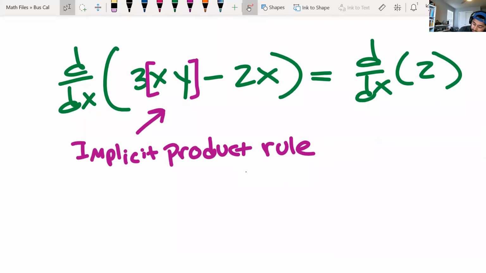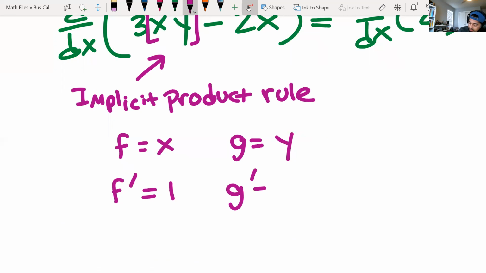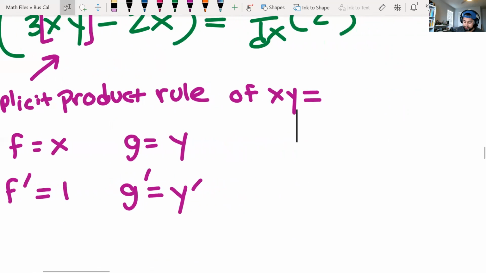Where when you set this up, f will be x, g will be y, and then derivative of x is 1. Implicit derivative of y is y prime. So your implicit product rule of xy is going to equal, and let's go ahead and make this a formula so it can help you out later on.